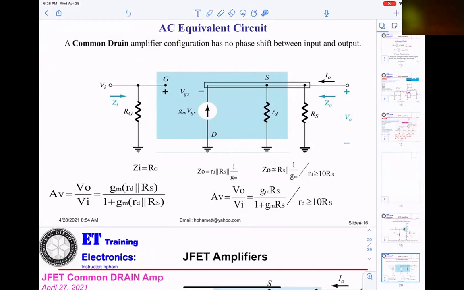In here, they're telling you the input resistance is RG. However, the output resistance will be equal to RS parallel 1 over gm. And the gain they give you is gm times RS divided by 1 plus gm RS.